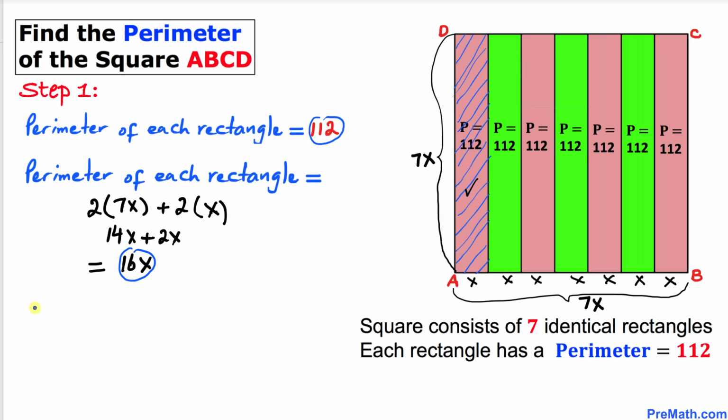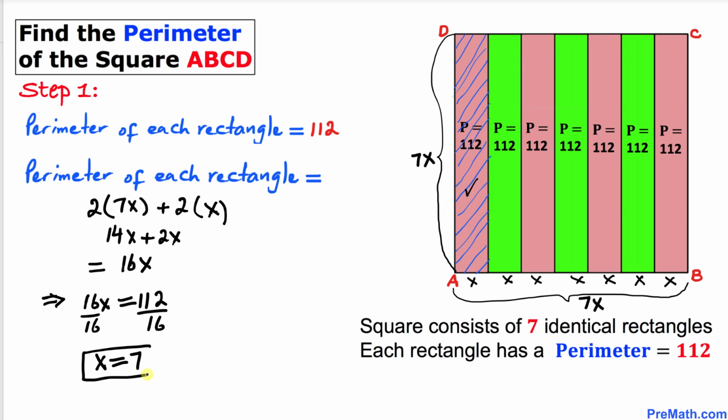Let's equate these: 16x equals 112. Let's divide both sides by 16. That means our x value turns out to be 7 units.